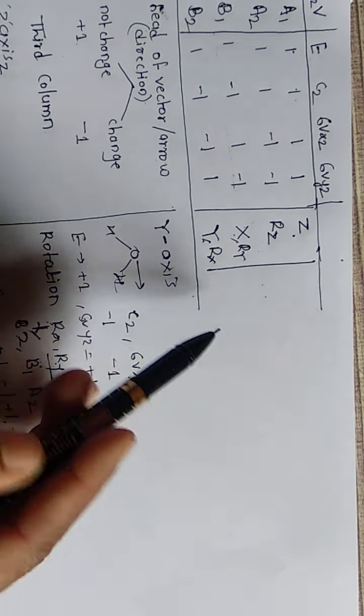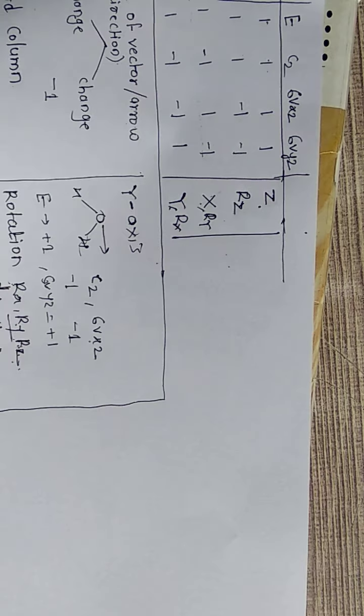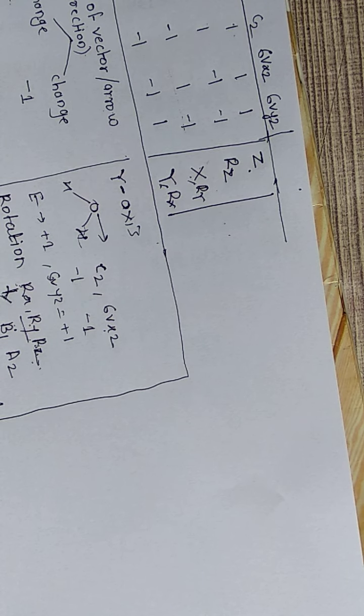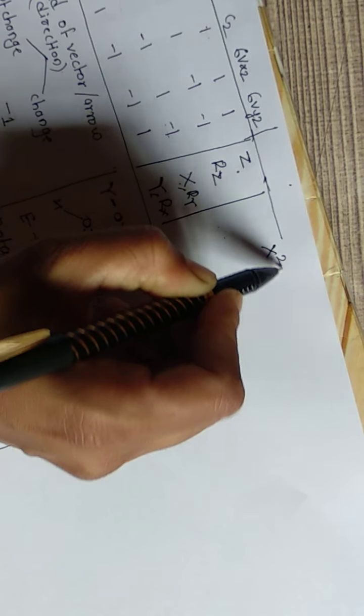Now we discuss the fourth column of the character table. That is the direct product or the binary product or the squares of the Cartesian coordinates. First we see the x square. This is the square of the Cartesian coordinate x.